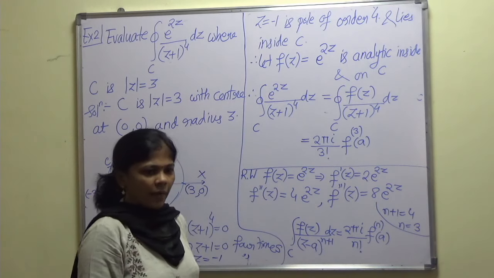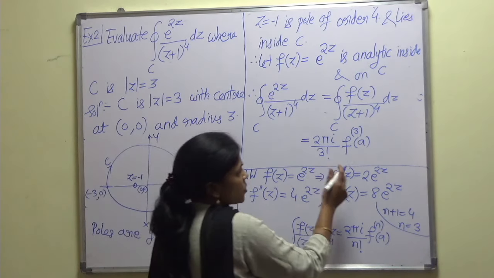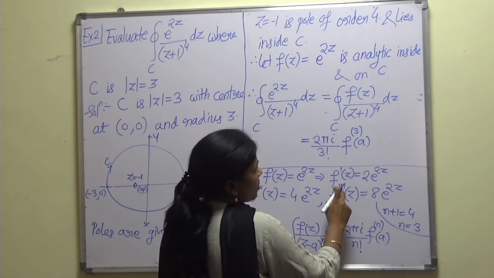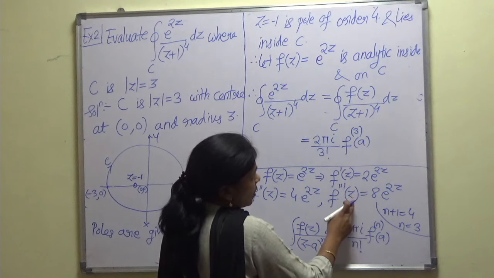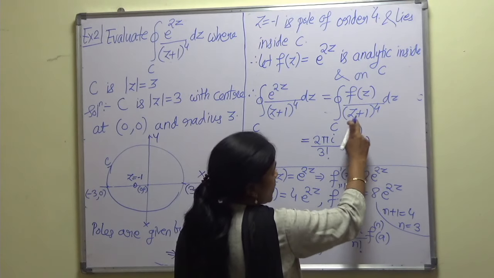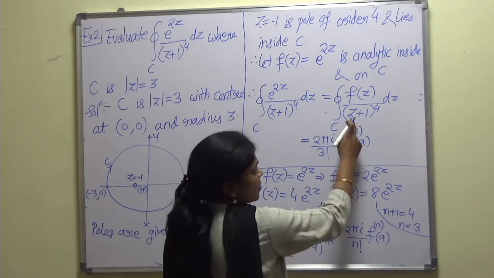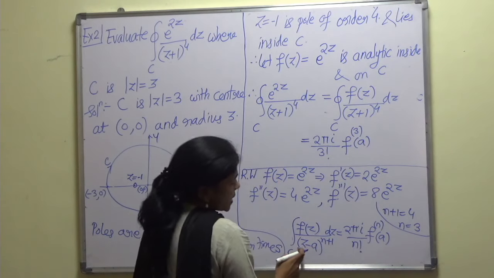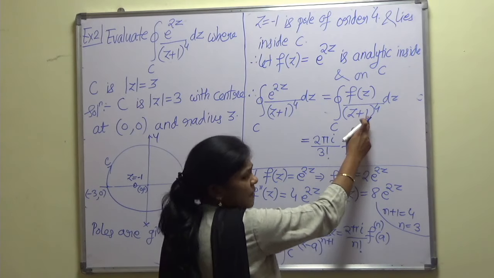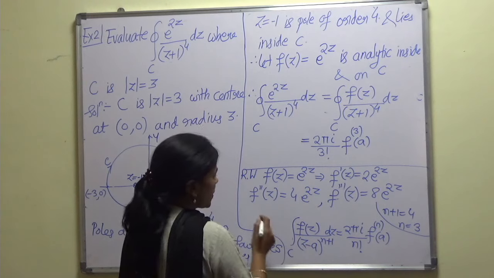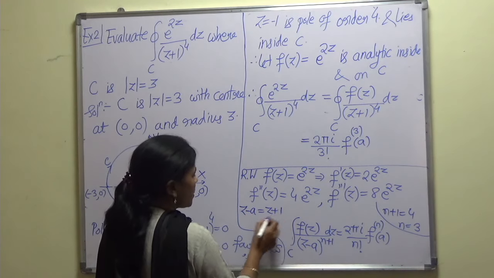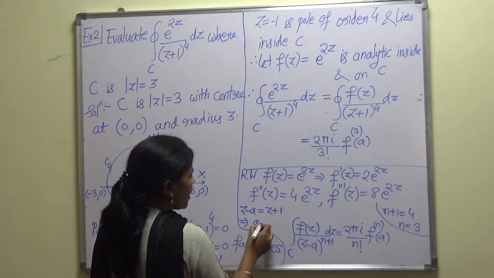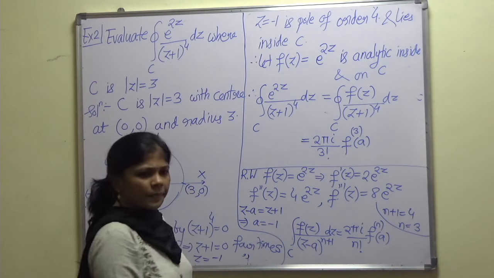In this way we have f double dash of z and f triple dash of z. Now we have to put a. What is a here? Compare: z minus a is z plus 1. So a will be minus 1.